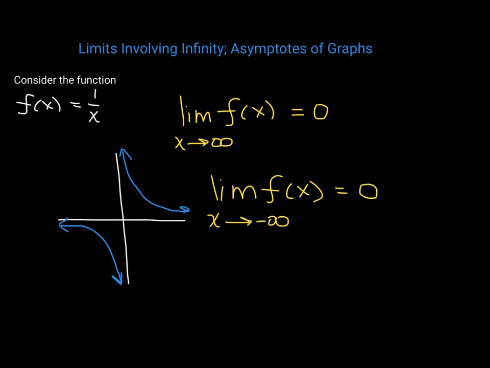Now, the main thing I really would love for you to take away from this is the limit as x approaches infinity and negative infinity is equal to a real number. In this case, it's equal to 0. So because we're allowing x to approach infinity and negative infinity, we are calling these limits at infinity.